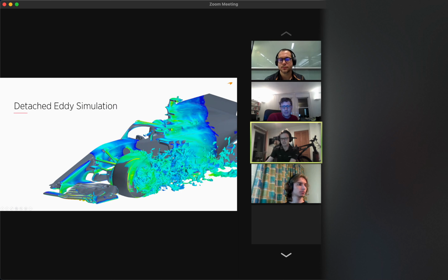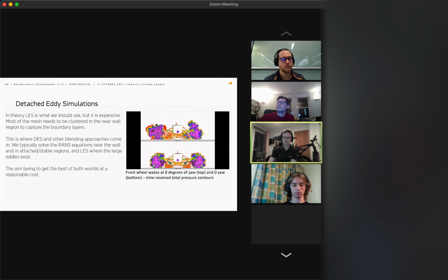This could be a good compromise in respect of the amount of computational effort you have to spend for the result you get. This is what we actually do. So it's kind of the best of both worlds for cost. And this is an example of a DES simulation.